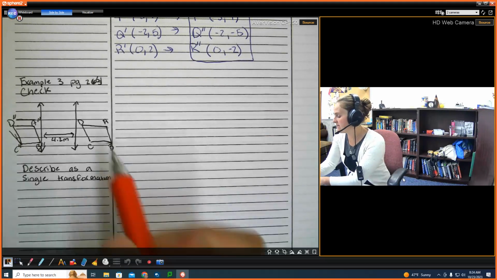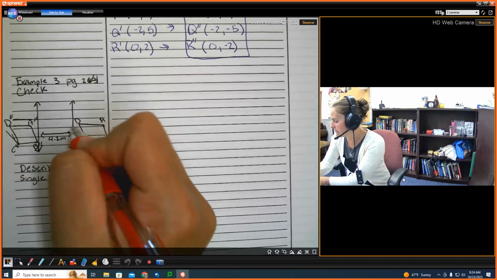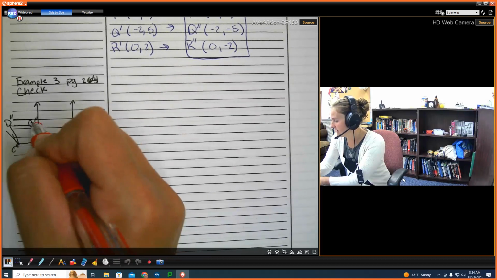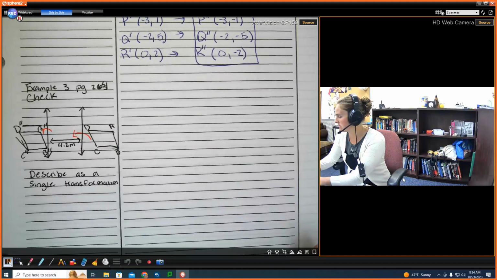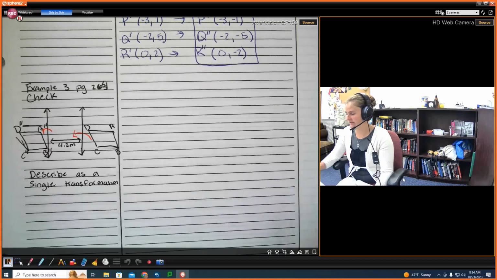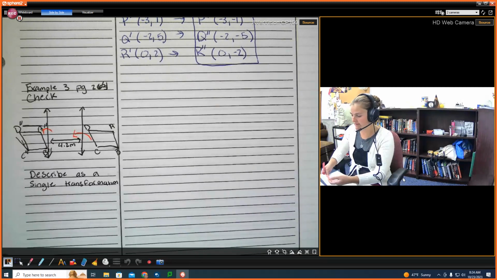Okay, if this is a reflection over two parallel lines, what can it be described as? Yep, the same as 4.2. It can be described as a translation, right?